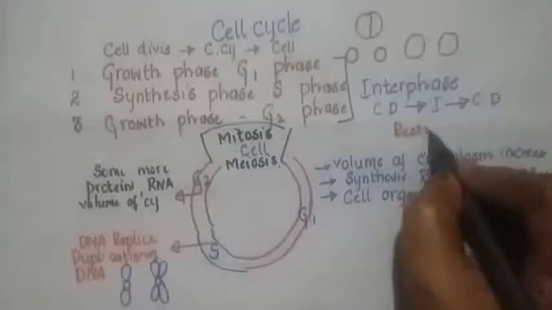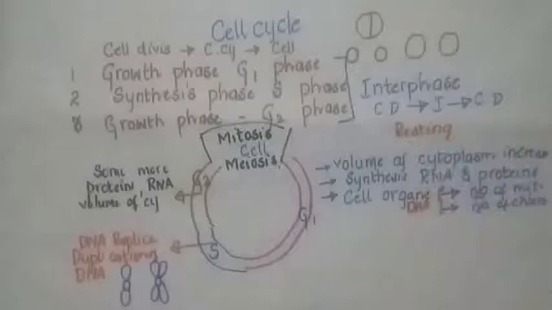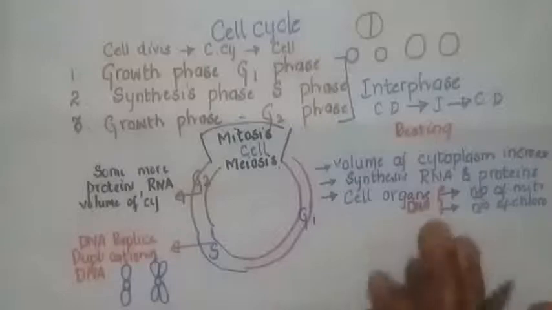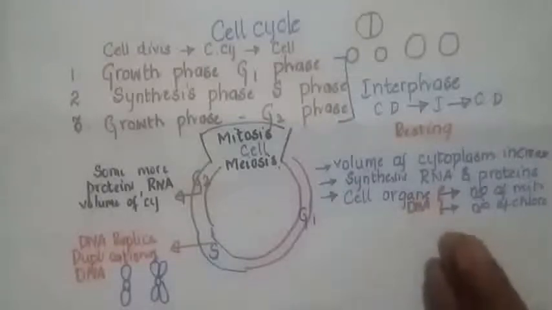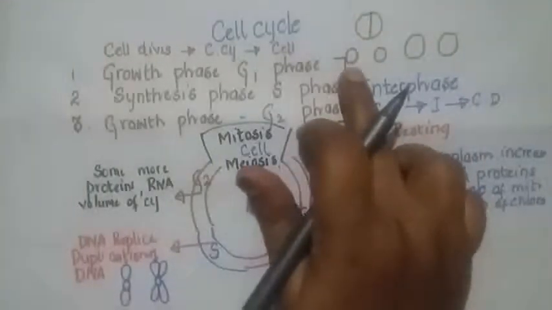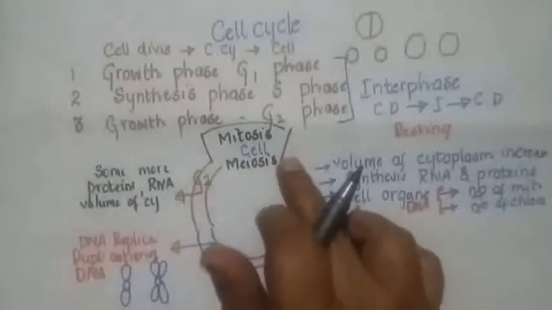But morphologically, only when it is observed externally, it looks like it is resting. Internally there is a duplication of DNA, there is a synthesis of proteins and RNA, all the cell organelles multiply in number, and finally the cell increases in its size and it is ready to enter into cell division.